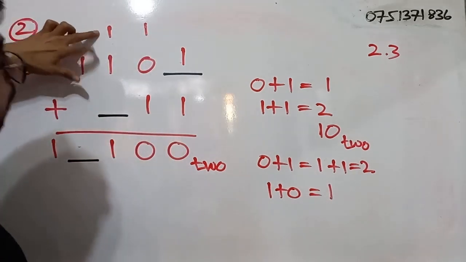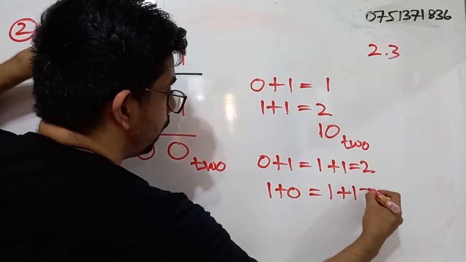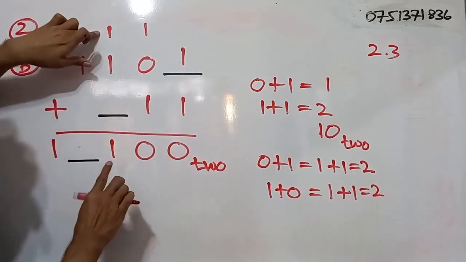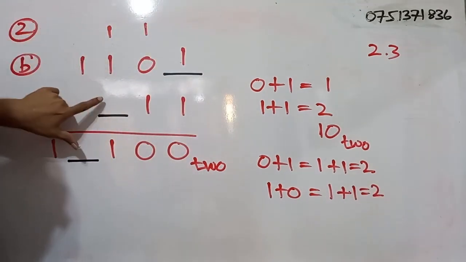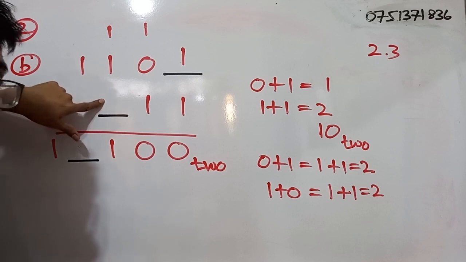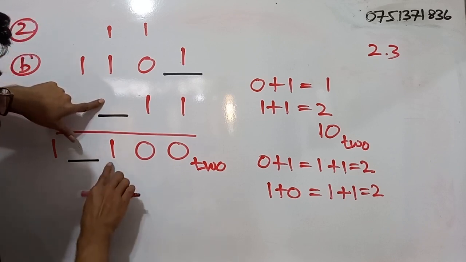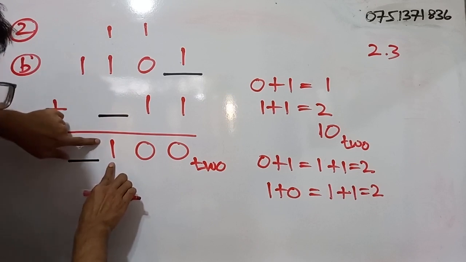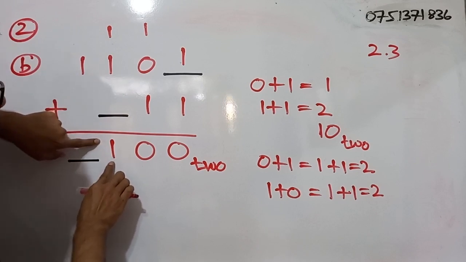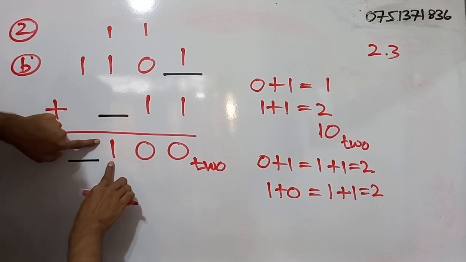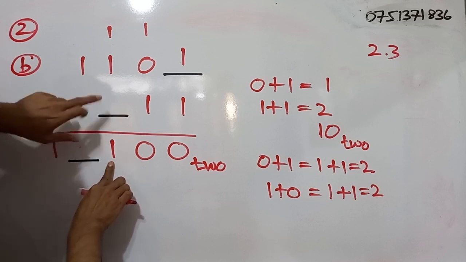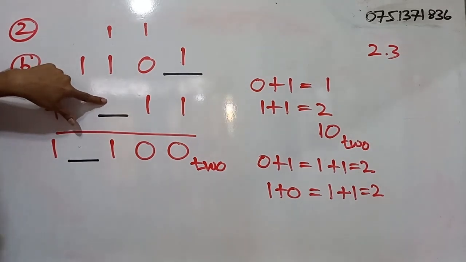To that we add a 1, so it will become what? 2. So if this digit is 0, when we are done, this digit should be 0. But in this case it is 1. Then definitely the digit here should be what? 1. Okay?